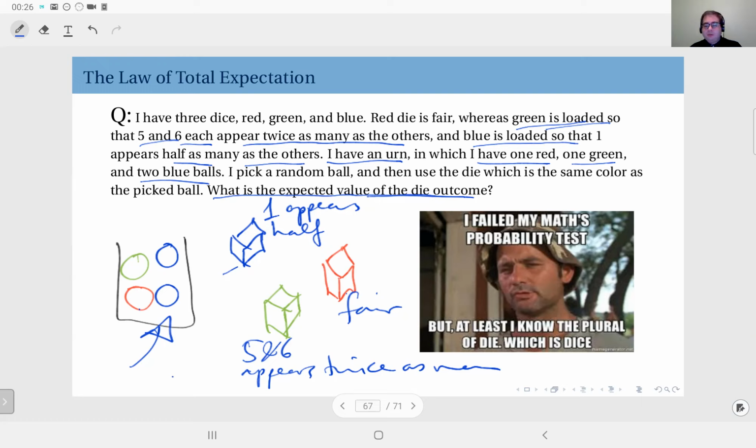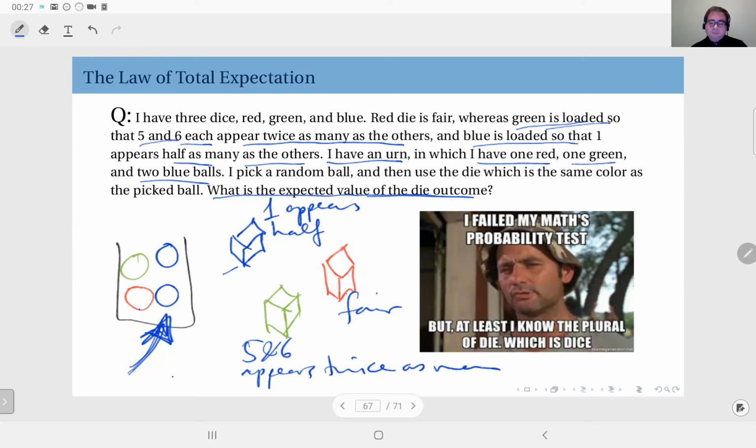But now I do not know which die I'm going to use, but I know their individual distributions. So what does that mean? I know the distribution of the outcome conditioned on the outcome of the urn. I do not have the distribution of the final die outcome, but I have the distribution of the die conditioned on whatever ball I pick.